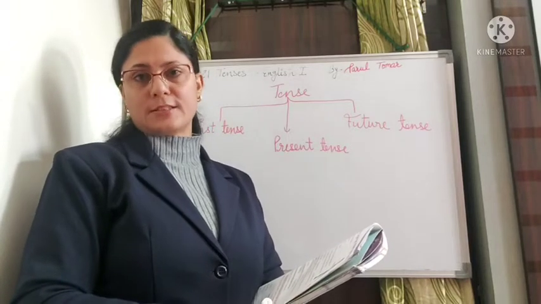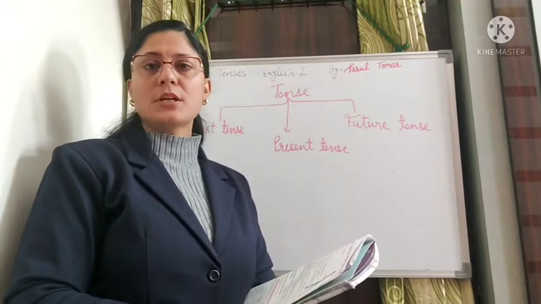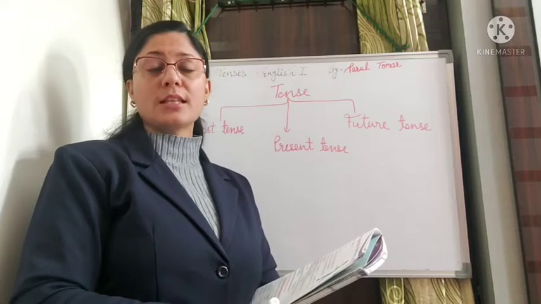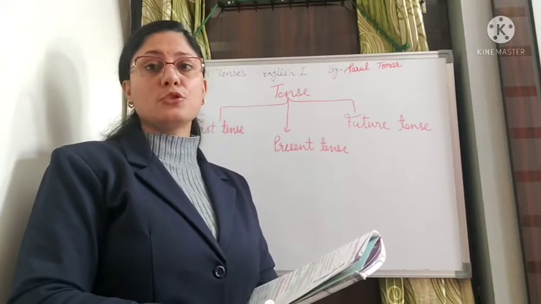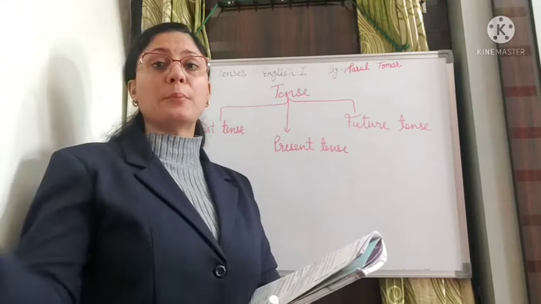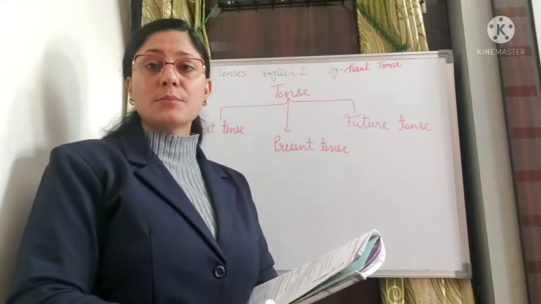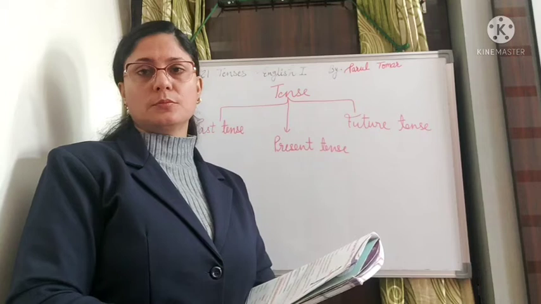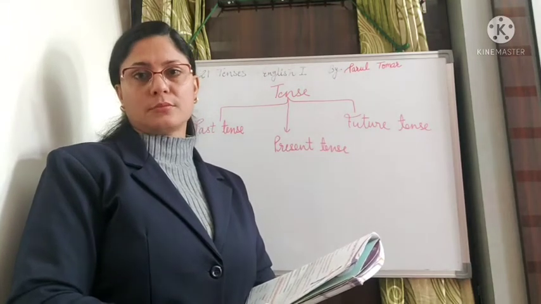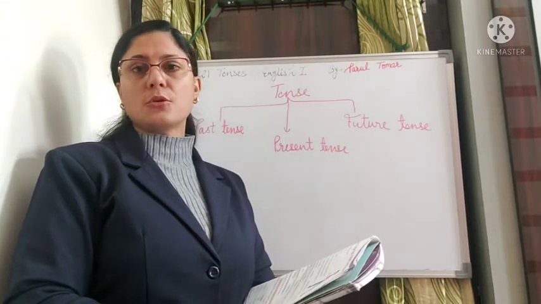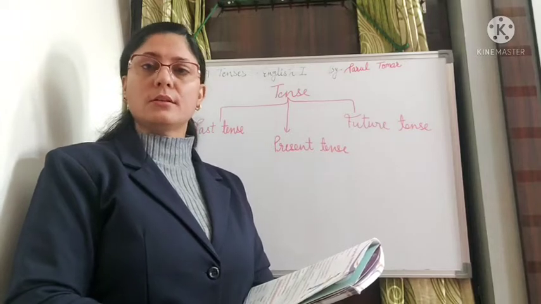Third is future tense. What is future tense? As you can understand from the name itself, future is what is going to happen. Something which you are planning to do, which is not happening currently, but you will do.